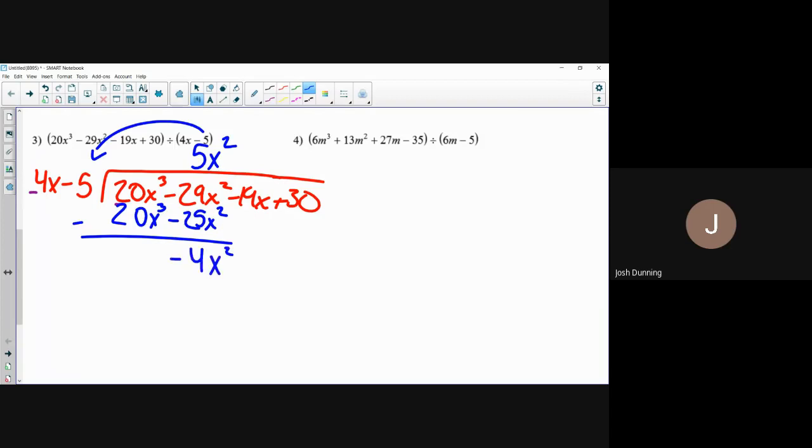Bring down that negative 19. We got to make the red 4x match the blue negative 4x squared. So I got to multiply by negative 1. And I need another power of x. So minus 1x, or just minus x, same thing.